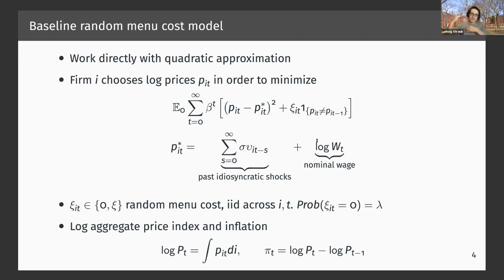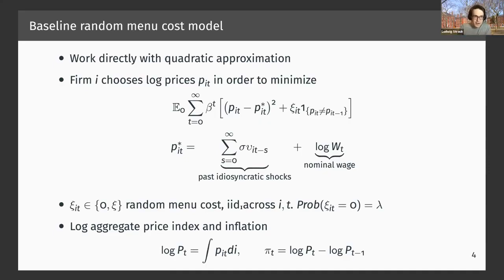And once every firm optimizes, we get out a path of prices. So all this is a mapping from a given path of nominal wages that we feed in to a given path of nominal prices that come out.